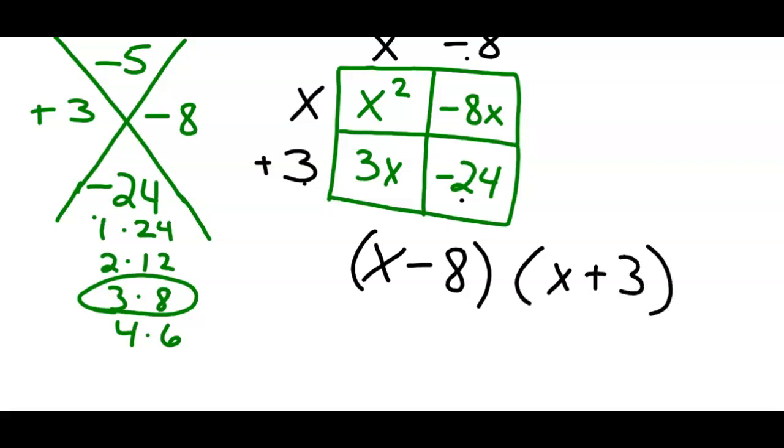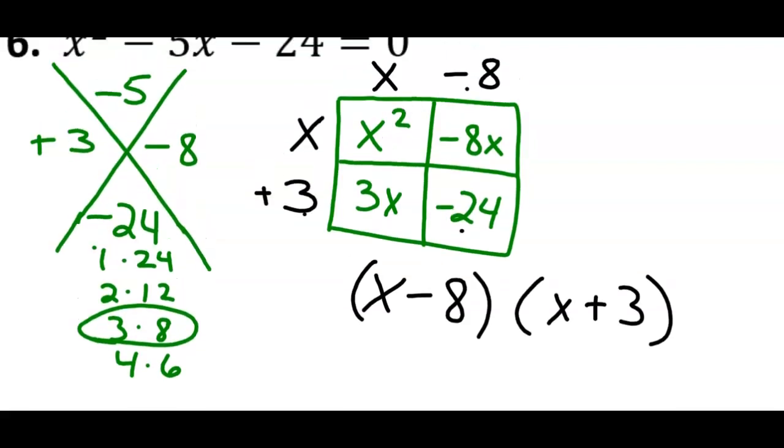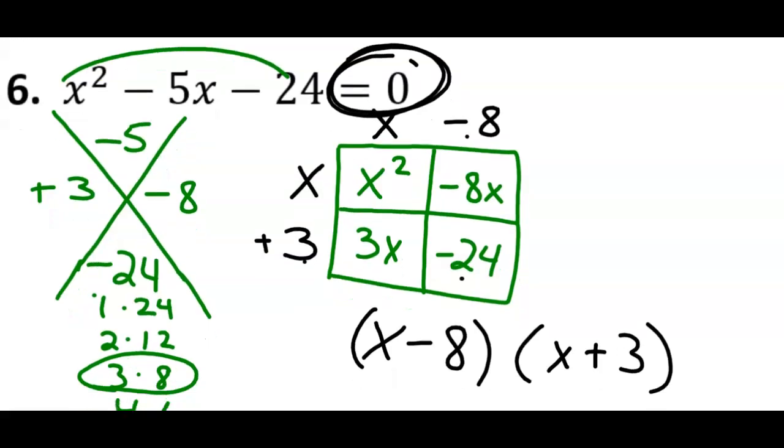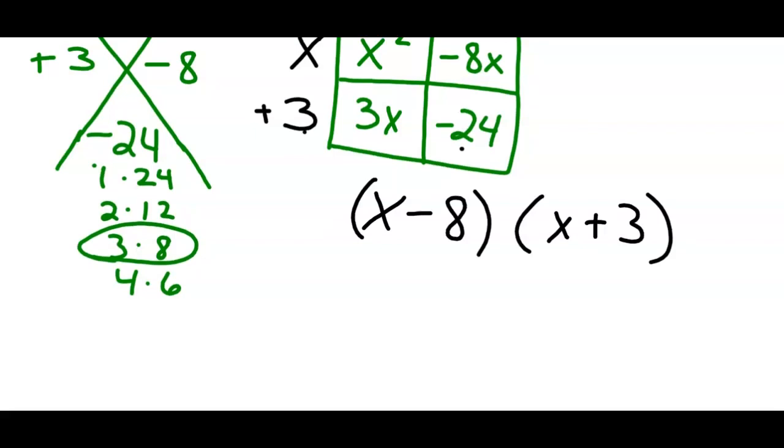All right, here's the kicker though. There's all of a sudden an equal 0 here. So this is where we have to find out what are the numbers that would go in here to make one of these 0.